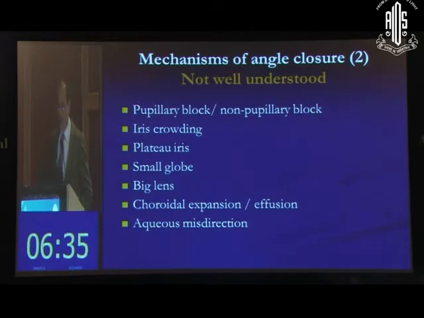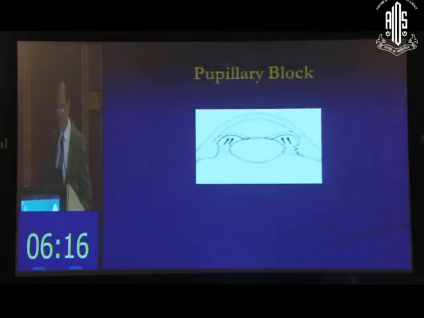The other problem is that the mechanism of angle closure glaucoma is still not very well understood, and a number of mechanisms have been proposed: pupillary block, non-pupillary block, iris crowding, plateau iris, small globe, big lens. Choroidal expansion and effusion have recently attracted more attention, and you have aqueous misdirection in some of these patients.